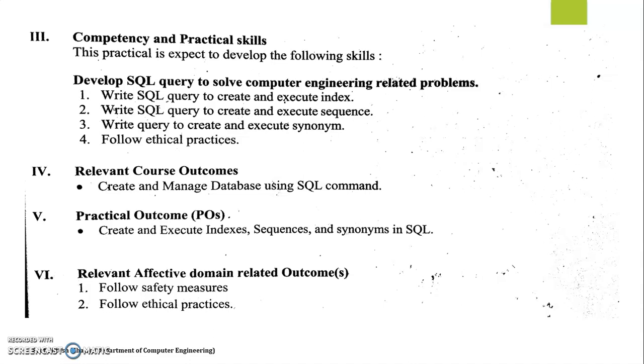Relevant course outcomes are to create and manage a database using SQL commands. Practical outcomes achieved are to create and execute indexes, sequence and synonyms in SQL. Relevant affective domain related outcomes are follow safety measures and follow ethical practices.